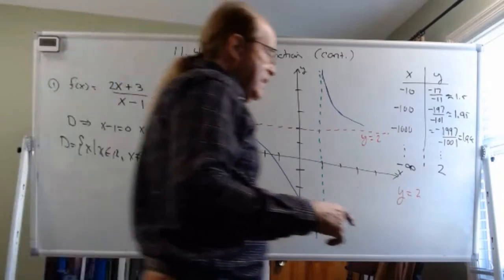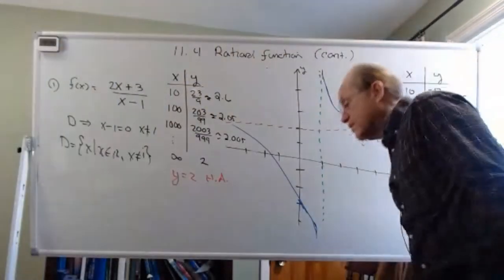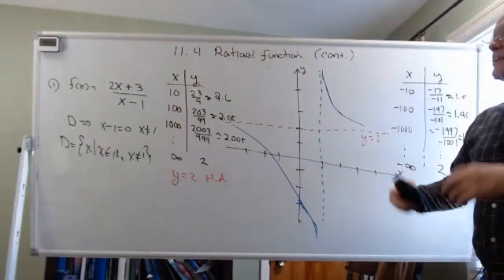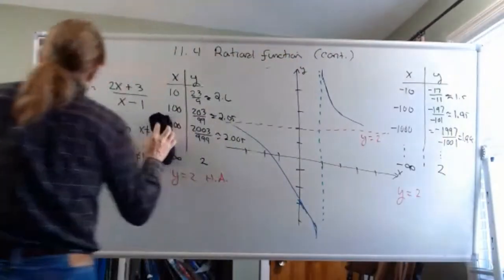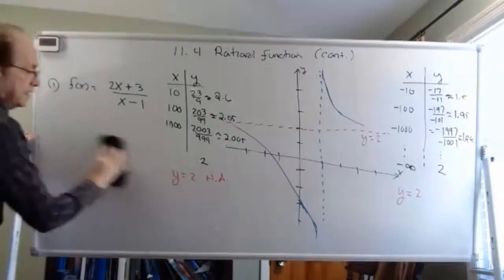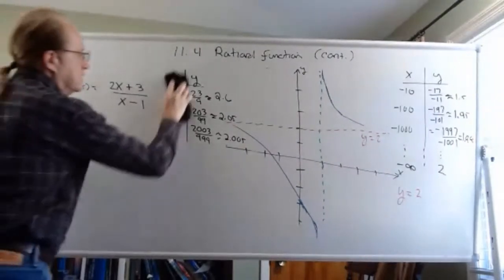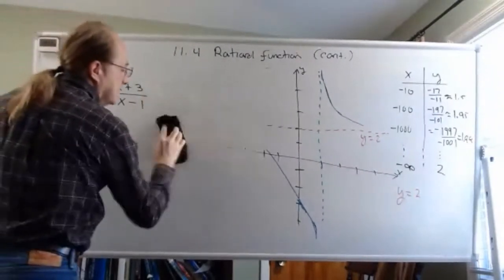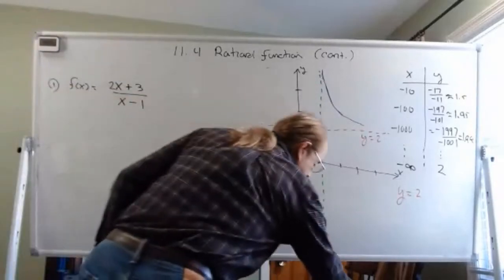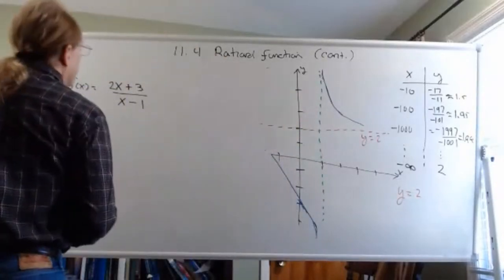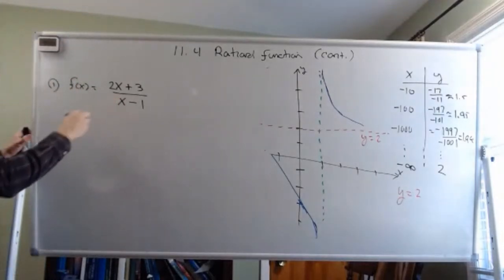Now, here's another way of looking at this. And this can be very helpful. If I look at my function over here, you might see a pattern from what we just did. Say x is large.